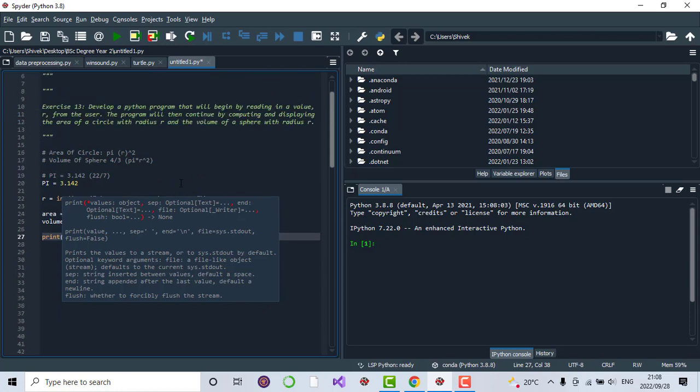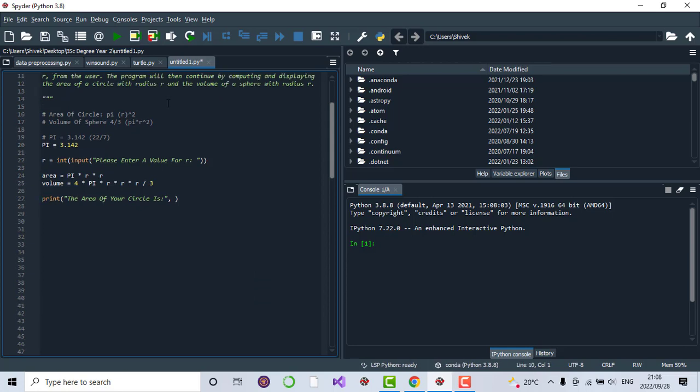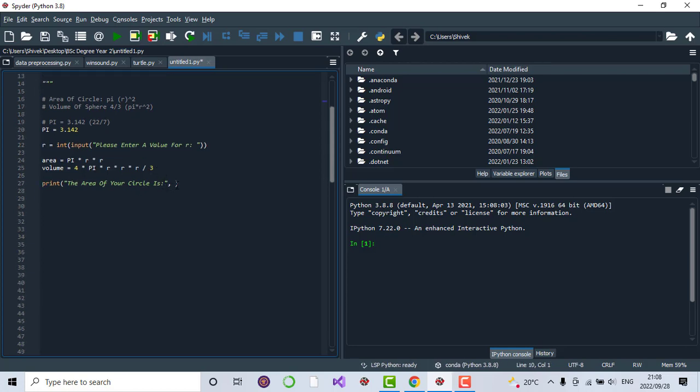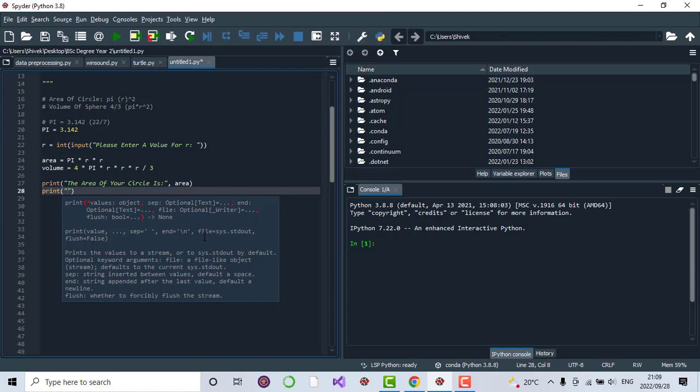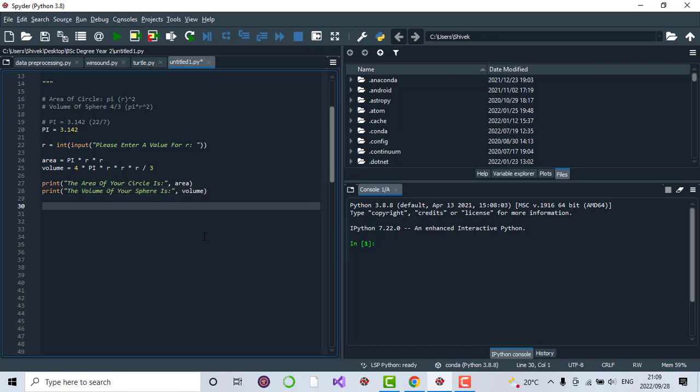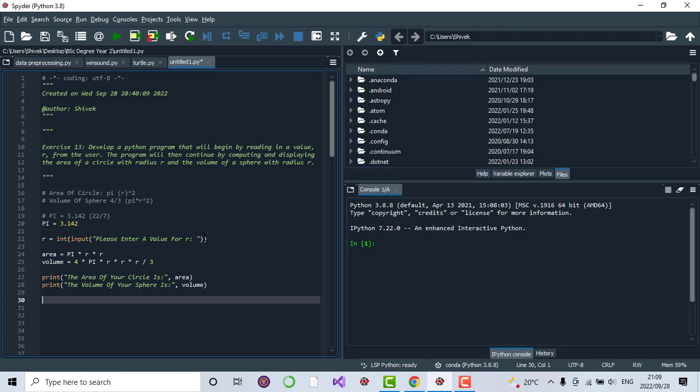They did not mention if they would like it rounded or anything, but no problem, we may proceed to just place the value as is. I think it would be cool to view several decimal points, considering this is the area and volume of a circle and sphere. So the volume of your sphere is volume. Okay, that's good. That seems to be all for now.